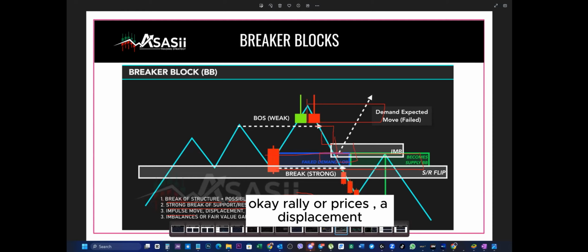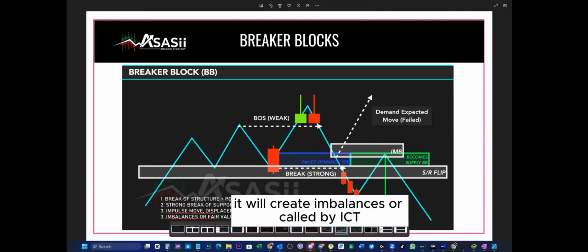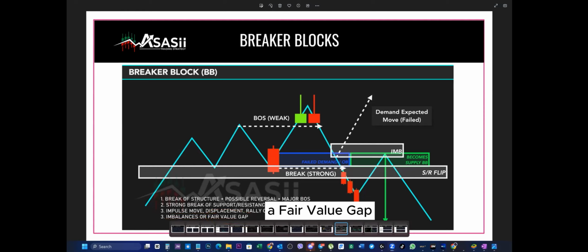Okay? A rally of prices, a displacement, what we call by ICT an impulse move. And of course, normally, in that impulse move, it will create imbalances, or called by ICT a fair value gap.